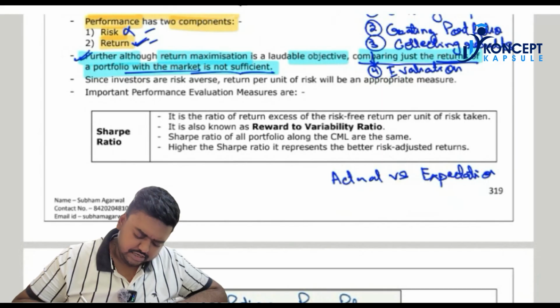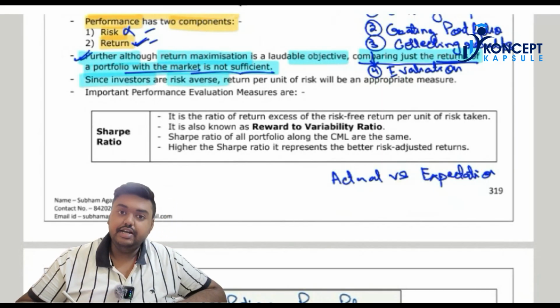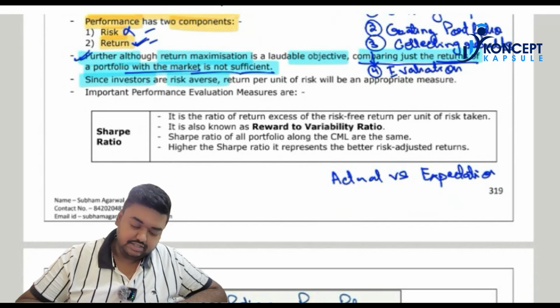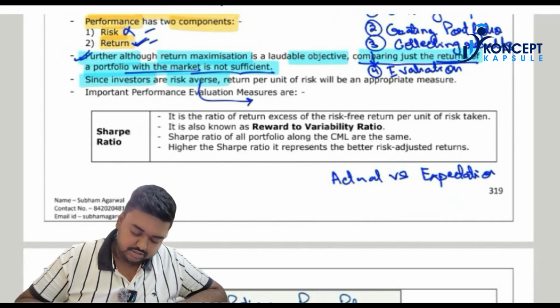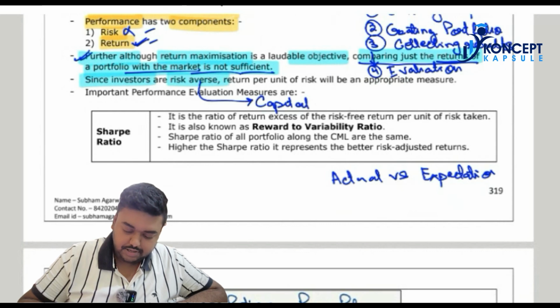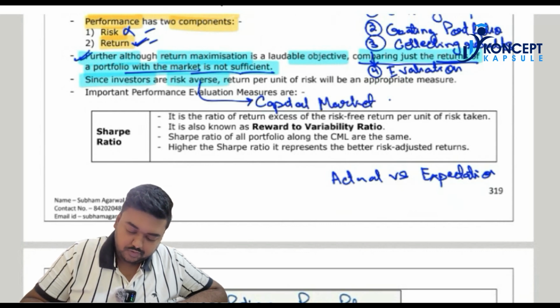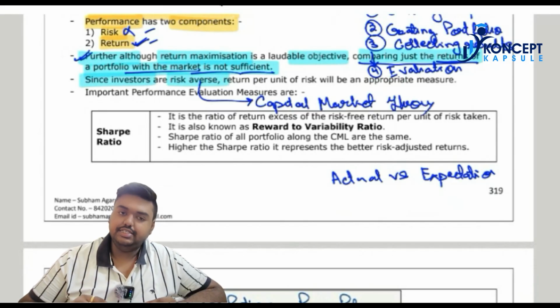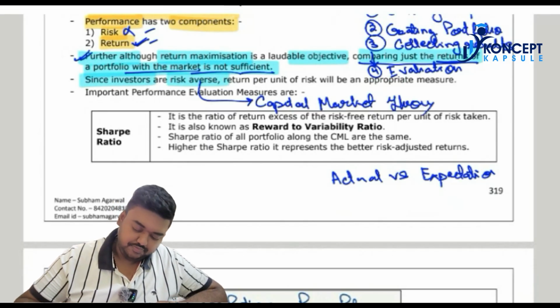Second, since investors are risk averse, where did we learn investors are risk averse? Investors are risk averse was discussed in capital market theory. Correct. In the capital market theory, we had seen investors are risk averse.